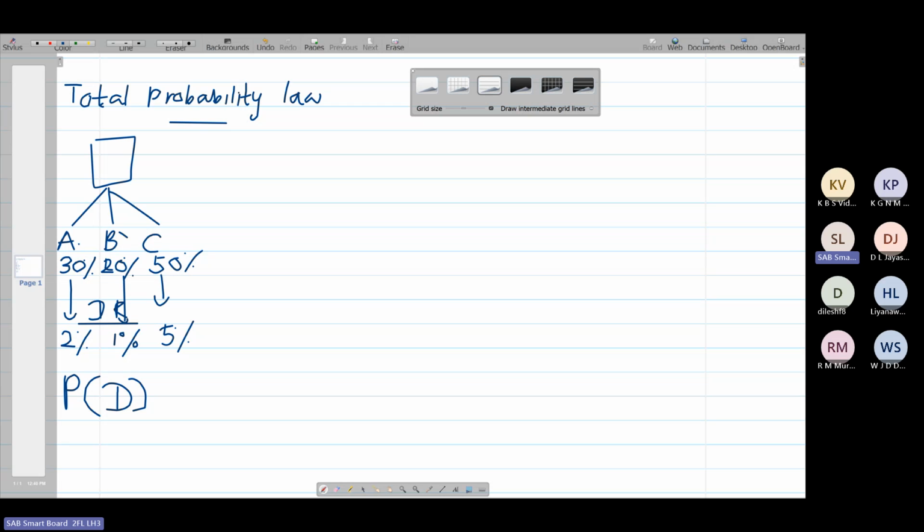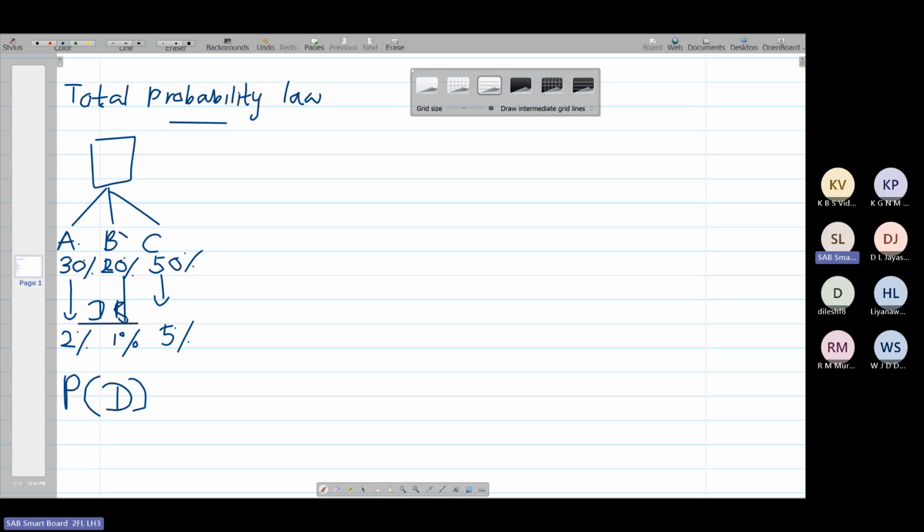The other point is that 30, 20, 50 all together represent 100%. It means these 3 events cover all the total production in this factory. How do we call it?